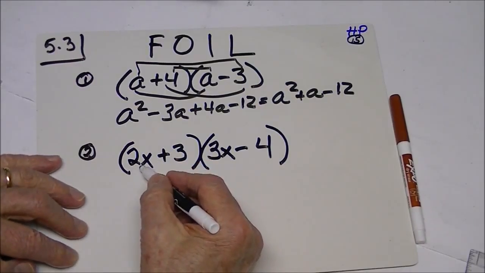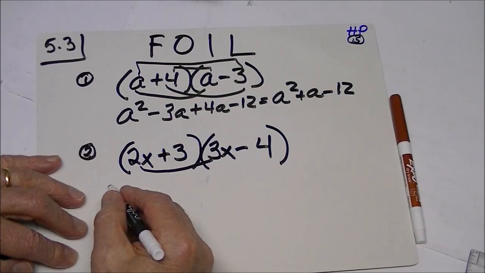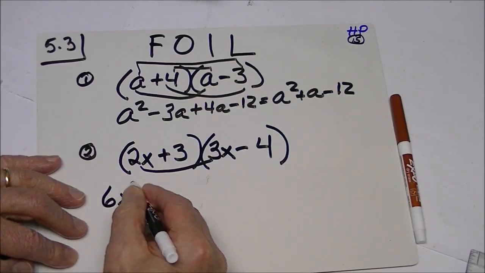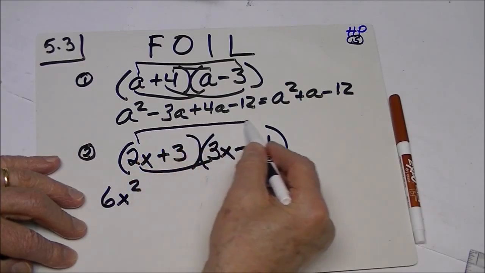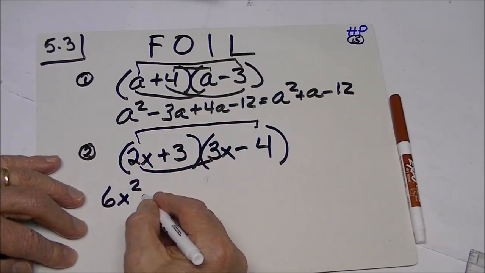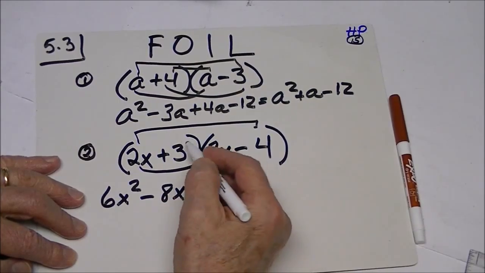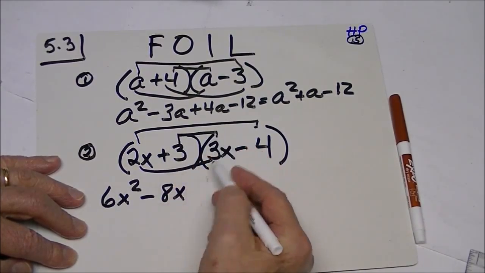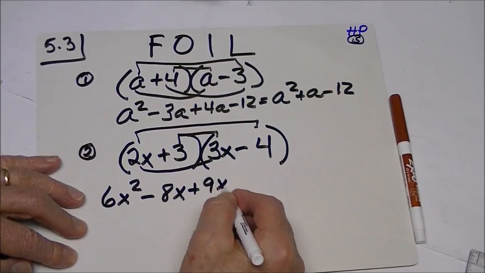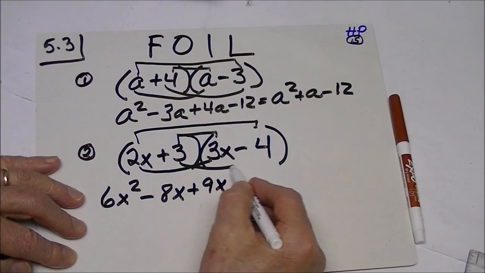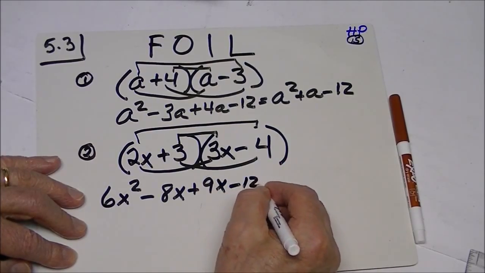So again, we're going to multiply the first, and that gives us a 6x squared. Our outers, a negative 8x. Our inners, a positive 9x. And our last, a negative 12.